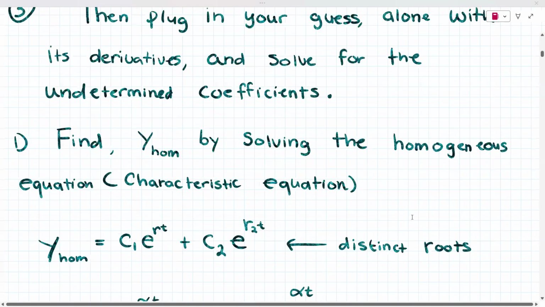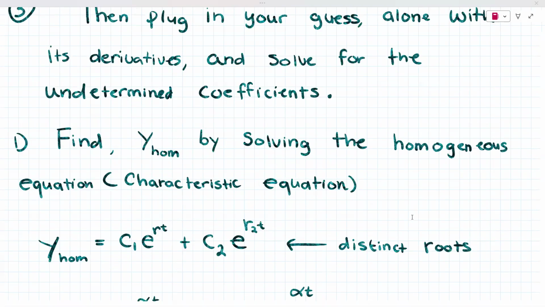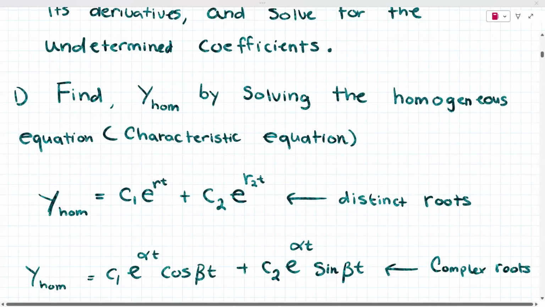So to find y homogeneous by solving the characteristic equation, your y homogeneous is equal to c1 e raised to the r1 t plus c2 e to the r2 t, where you have two distinct roots.